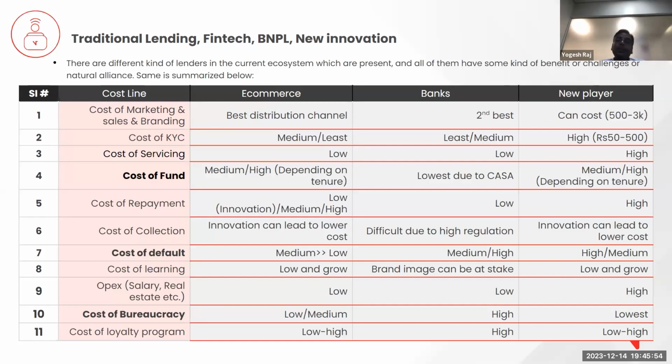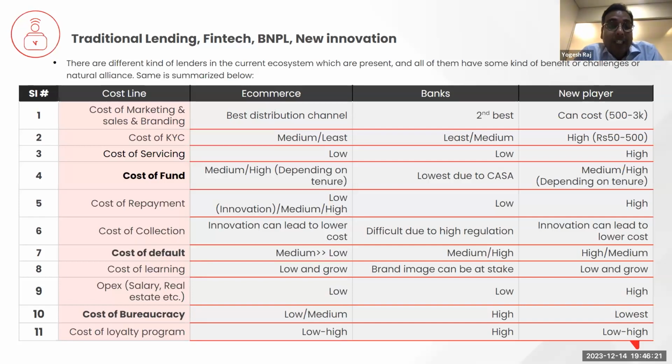That's in a way the biggest lever fintechs have, and that's why they can sustain and coexist. For banks, cost of funds is minimum, but for fintechs or new age players, the operation cost is almost minimum, one fifth or one tenth of the overall cost.